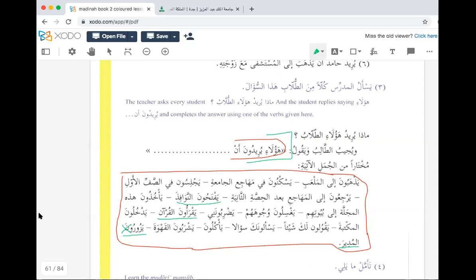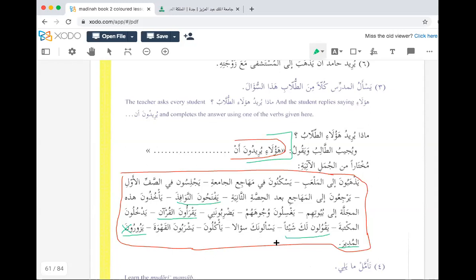طيب تفضل يا أخي. نعم تفضل عبد الكريم. ماذا يريد هؤلاء الطلاب؟ هؤلاء يريدون أن يقولوا لك شيئا. أن يقولوا لك. أن يقولوا لك شيئا.